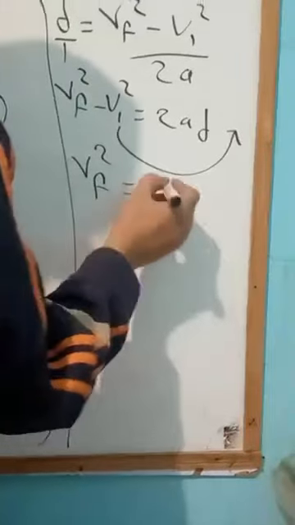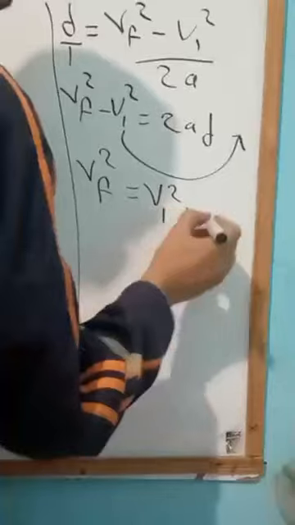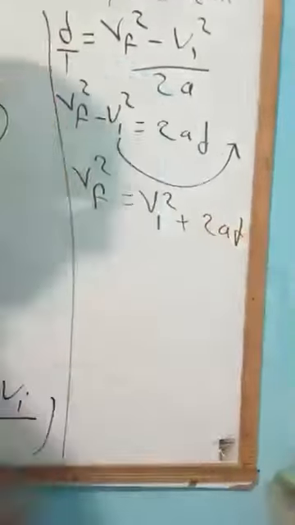Vf square equals Vi square plus 2AD. This is the third equation.